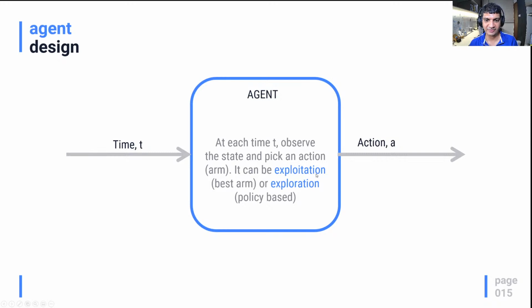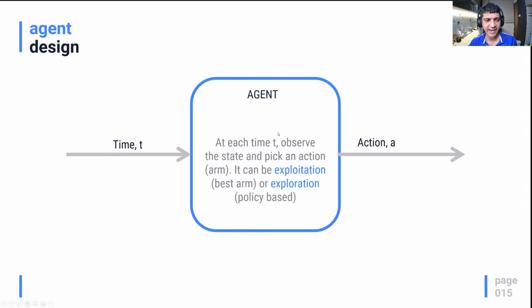It could be exploitation, where we are picking the best arm, or it could be exploration, where again it could be either policy based or rules that we have defined, and the output of that agent is going to be that action. That action will act on the world, it will give you a reward, and you will go to the next time step and continue that process. So that's how the agents have been designed.